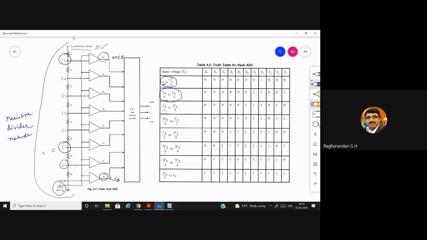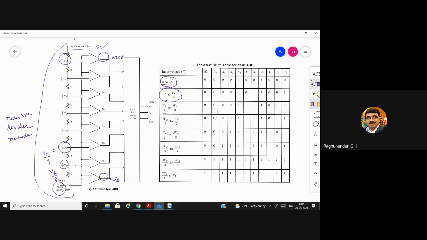That gives you VR by 4. This is VR by 8. If your range is between VR by 8 and VR by 4, then you can see that x1 and x0 both will be equal to 1, 1. Both the outputs will be equal to 1. So during that time, the output y0, the LSB, goes to 1.